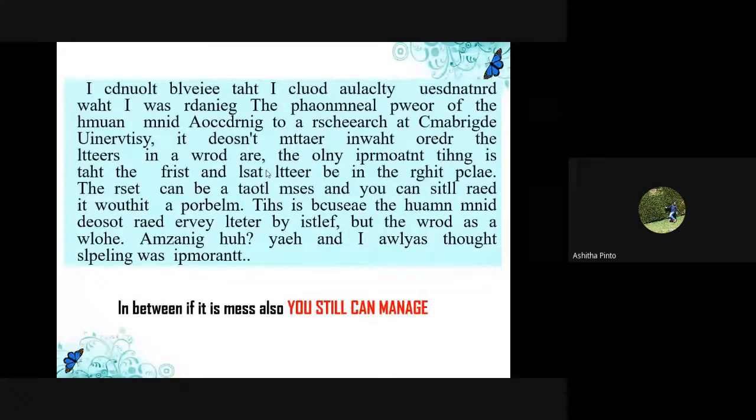The only important thing is that the first and the last letters are in the right place. The rest can be a total mess and you can still read it without a problem. This is because the human mind does not read every letter by itself, but the word as a whole. Amazing. Huh? Yeah, and I always thought spelling was important.